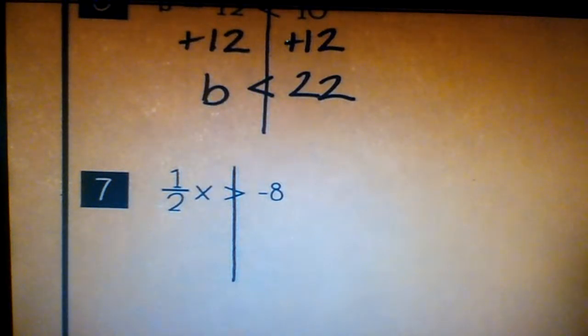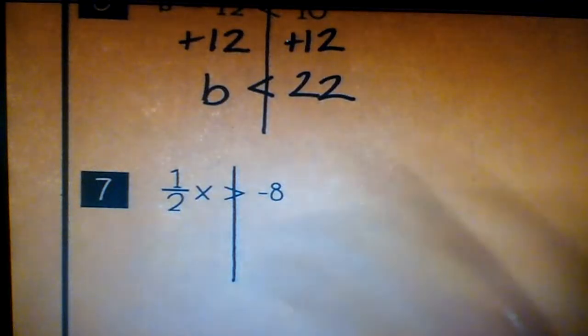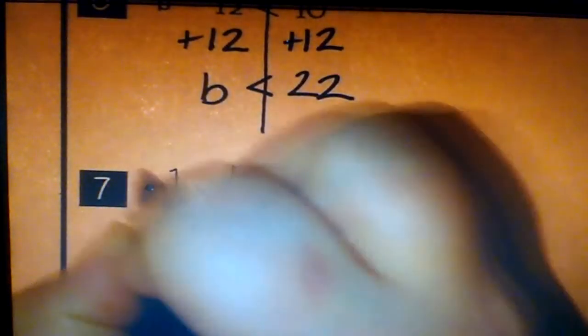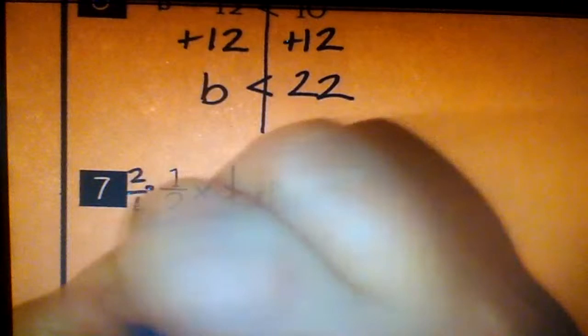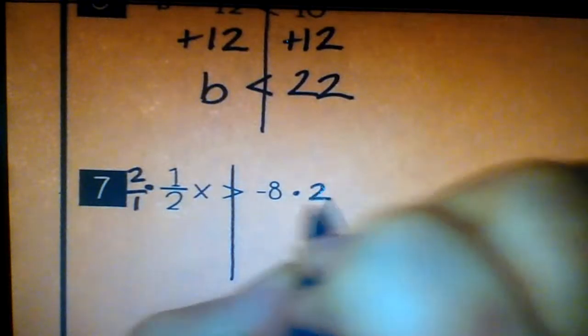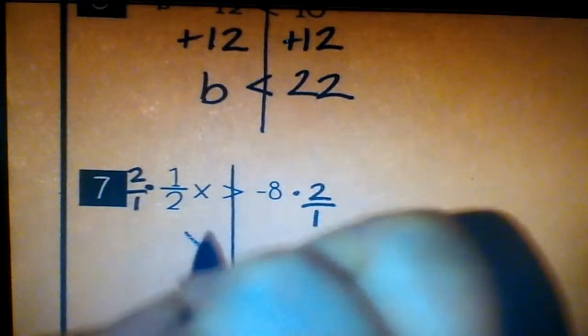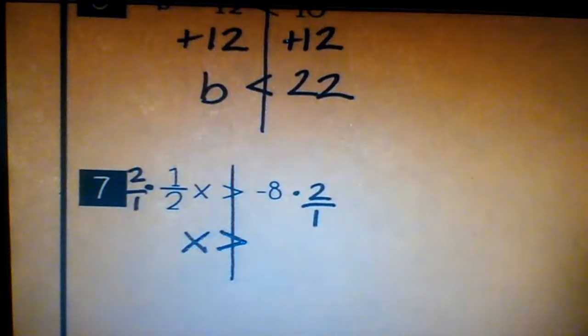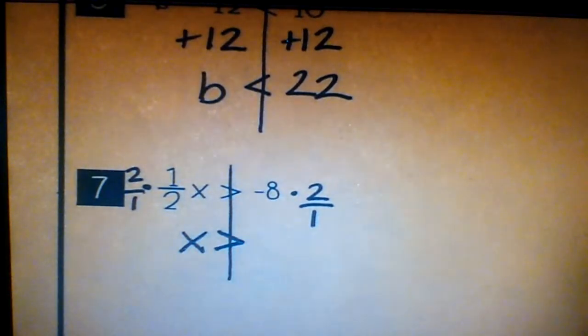When you have a fraction that is multiplied, to get rid of it, we multiply by the reciprocal. So what that means is I multiply by 2/1, or just 2. So X is greater than negative 16.